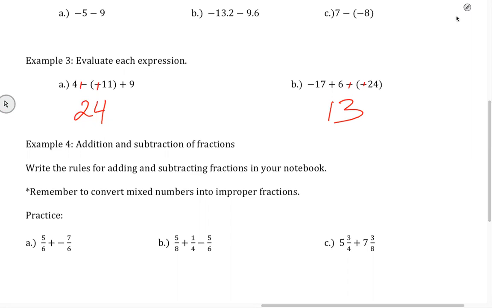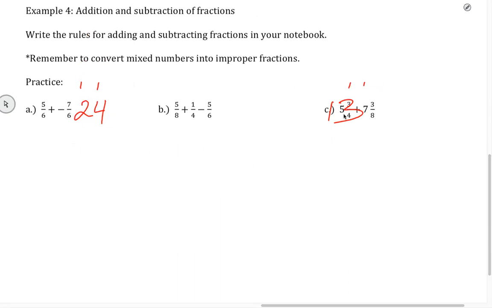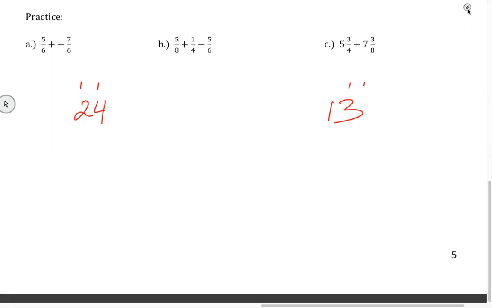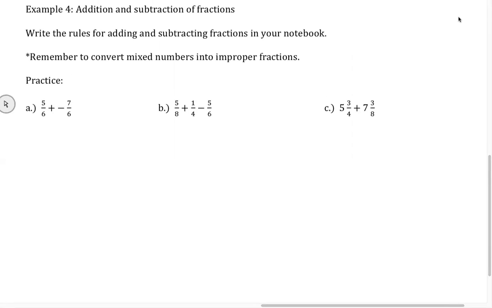All right. What do I have to remember about with fractions? So, Joe, what do you know about fractions? When I'm dealing with fractions, what do I have to pay attention to? The common denominator. That's perfect. So, let me scroll down a little too far.